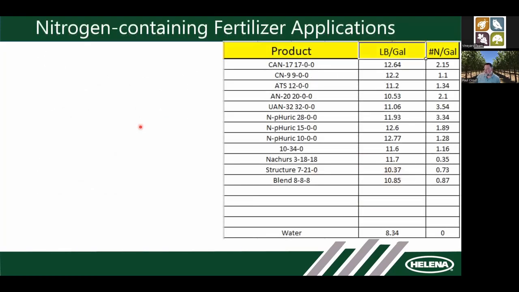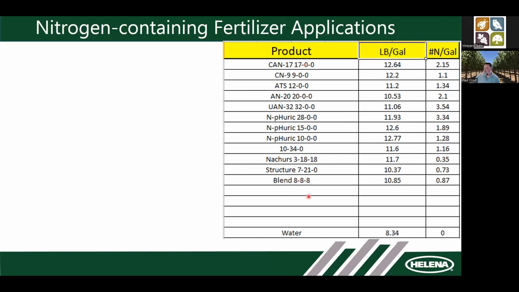Now, liquids can be much more tricky because liquids have different, what we call bulk densities. So liquids are measured in gallons, but those gallons may weigh a different amount. So for example, if you look here, a common nitrogen containing fertilizer, CAN 17, or calcium ammonium nitrate, 17%, that weighs 12.64 pounds per gallon of that 17%.